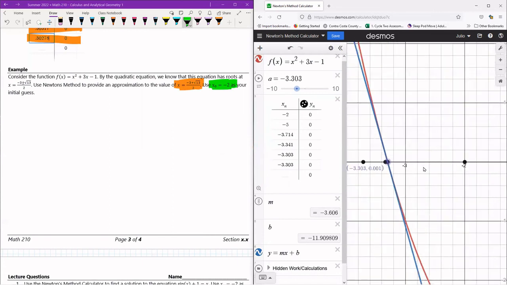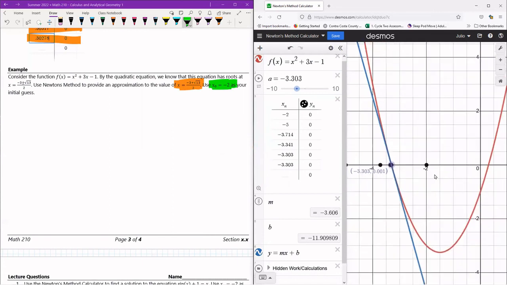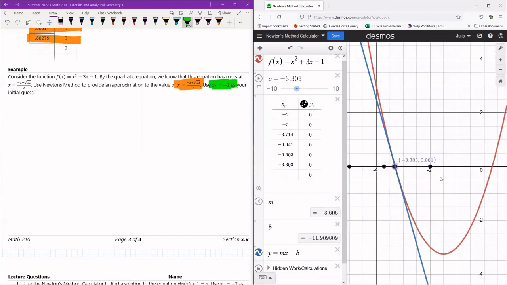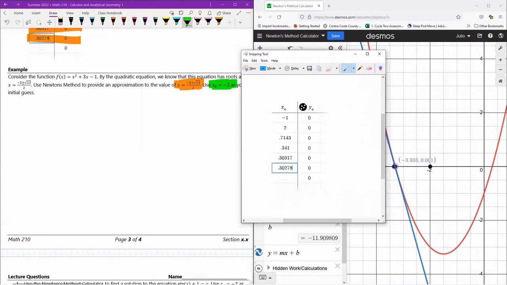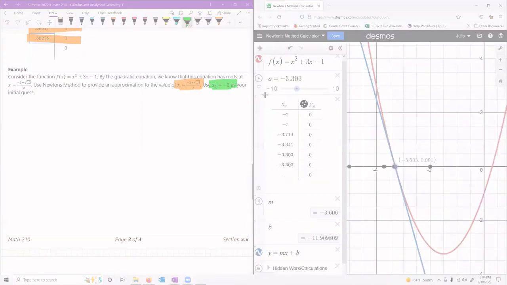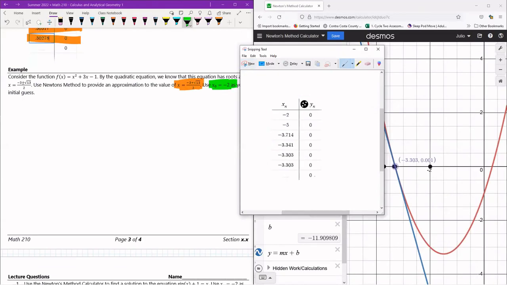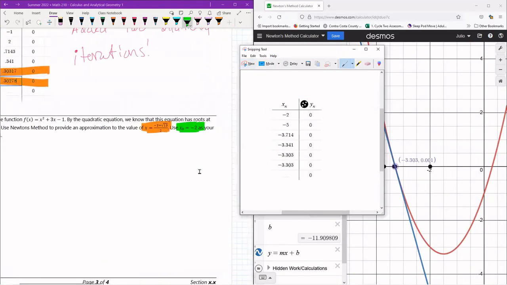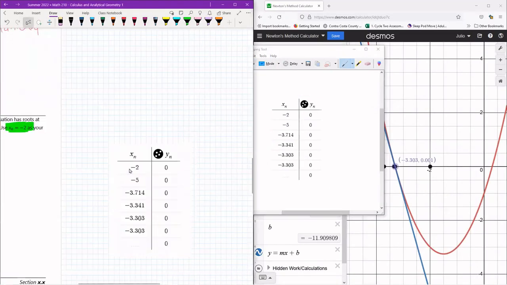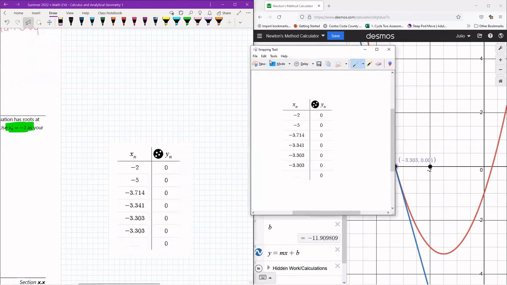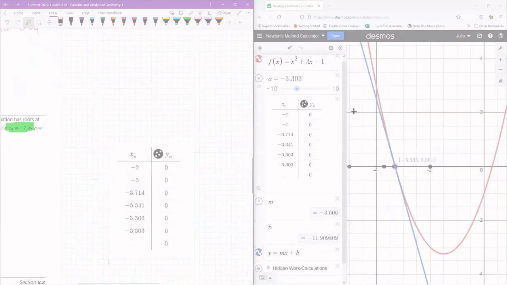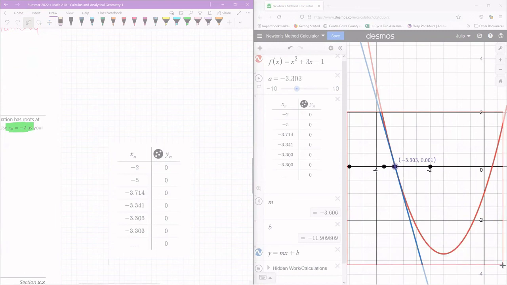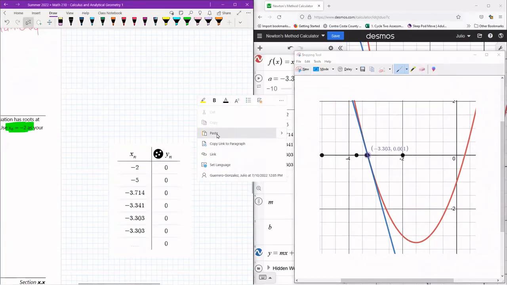Let me scroll out. There we go. Okay, and what I'm going to do is take a picture of this table. I'm going to paste it in over here, and I'm going to take a picture of the graph itself as well to post it in. Paste over here.